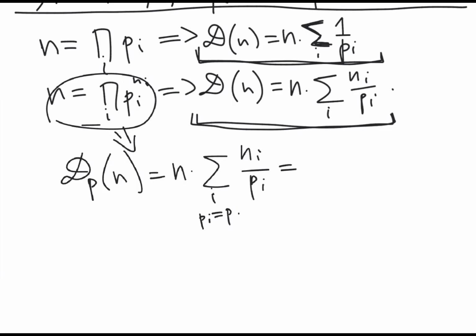In other words, let's say that if there exists such p_i that p_i is equal to p, then the sum would be equal to n multiplied by n_i over p_i for this specific index i, and otherwise it's just zero.